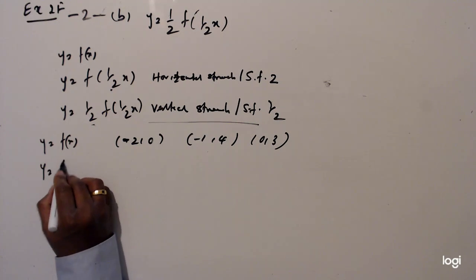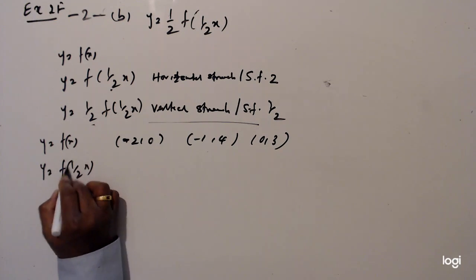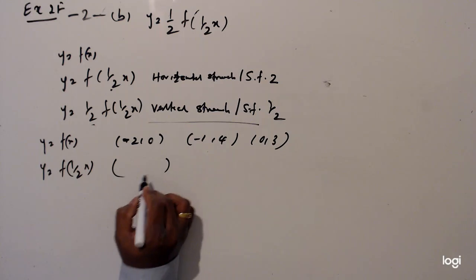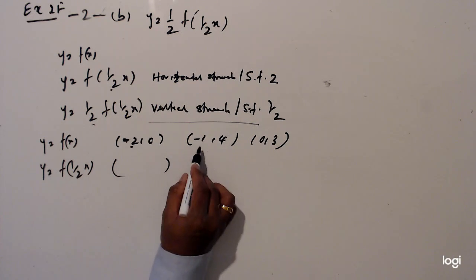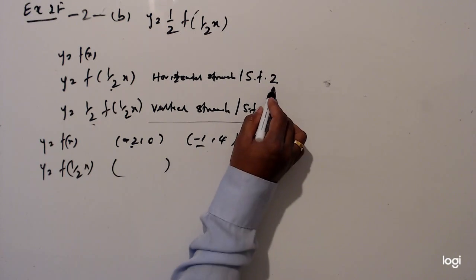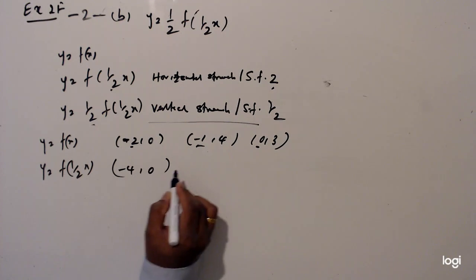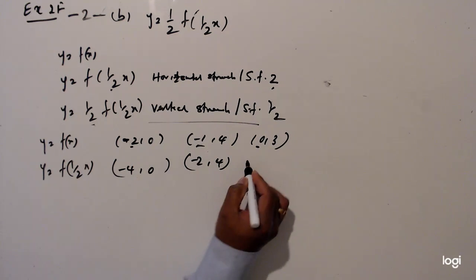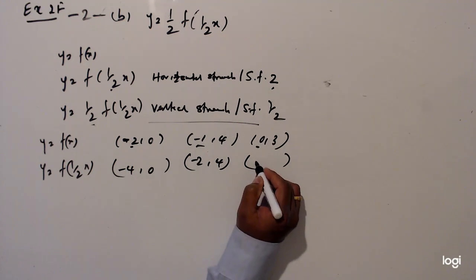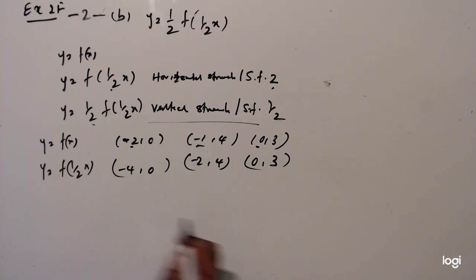Then y equals f(half x). The scale factor is 2, so we want to multiply all the x values by 2. So (-4, 0), then (-2, 4), and 2 times 0 is (0, 3).